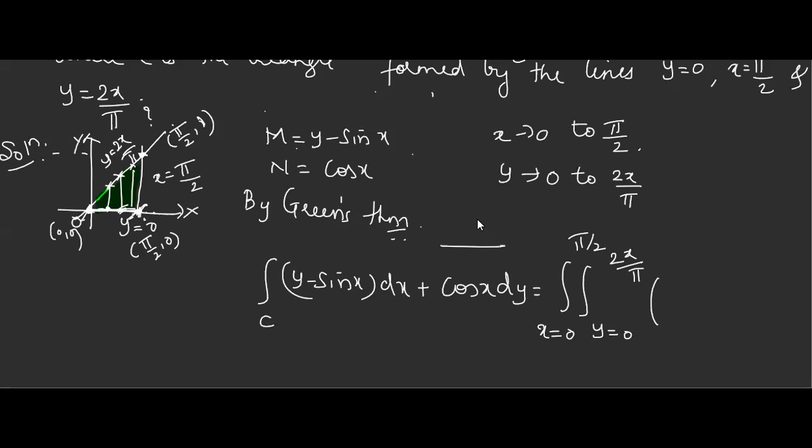Dou n by dou x. What is the derivative of cos x with respect to x? Minus sin x. Minus the derivative of y minus sin x with respect to y. Sorry, the derivative of y minus sin x is 1, isn't it? Then I have to write dy dx.